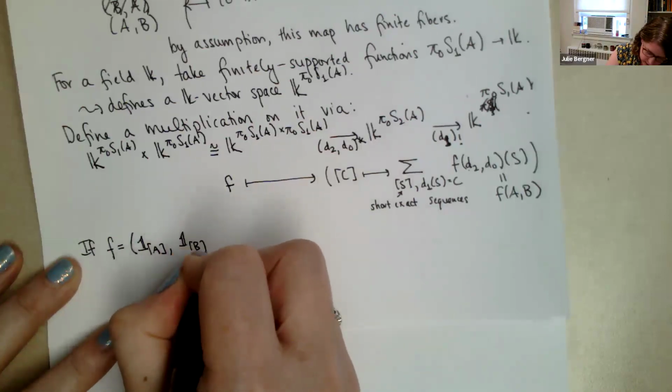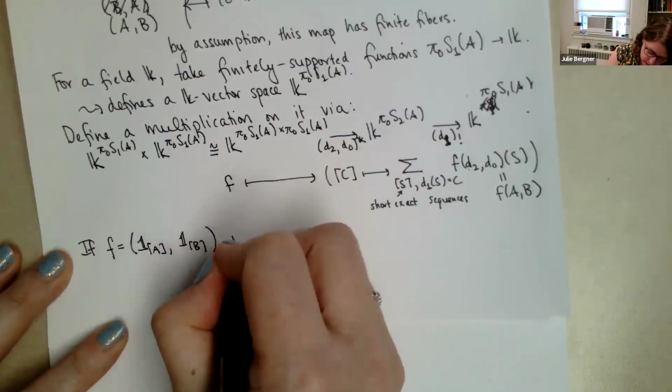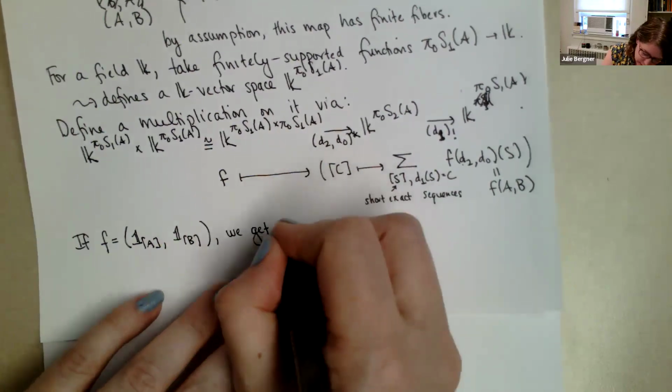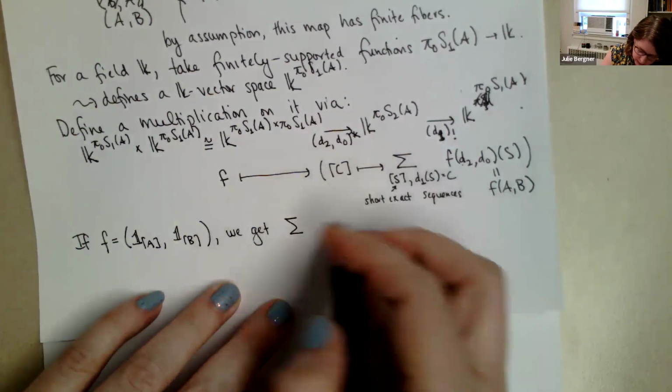Similarly, I have the characteristic function on B. And if we feed that in here, I'm going to break this up a little bit.